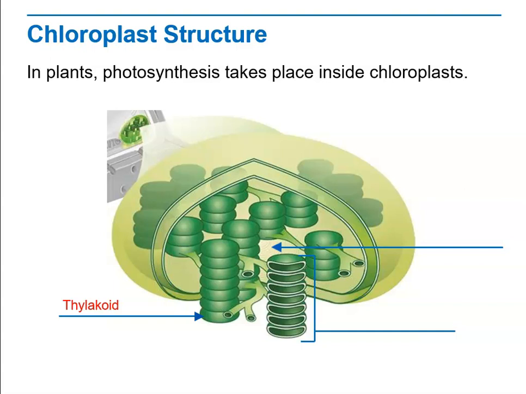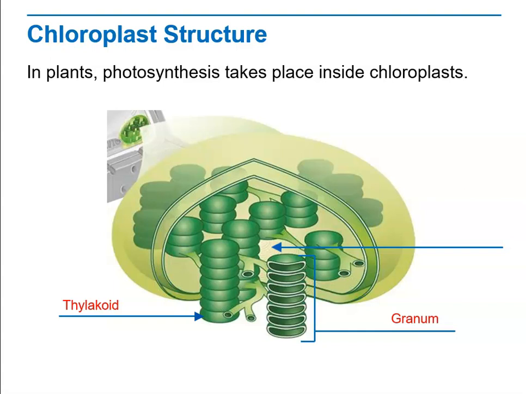The stacks are known as grana. So we have thylakoids that are connected together, piled into stacks called grana. Grana is the plural word, granum is singular. So you have a granum here, a granum there. You have many grana throughout the chloroplast.